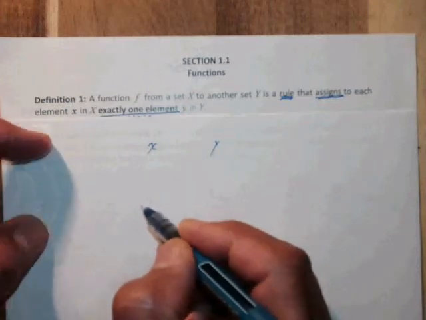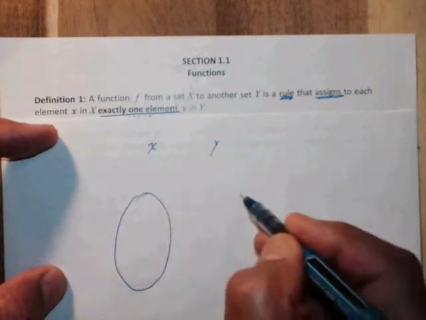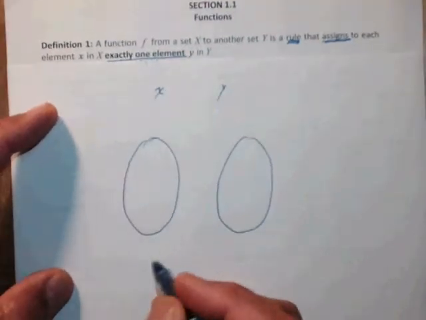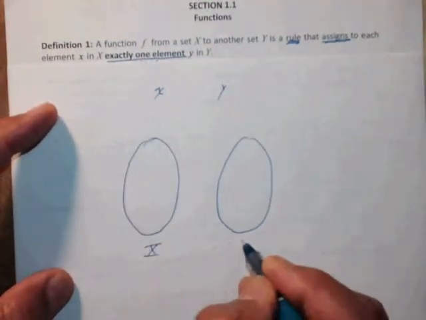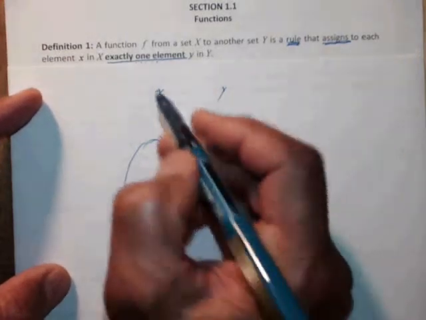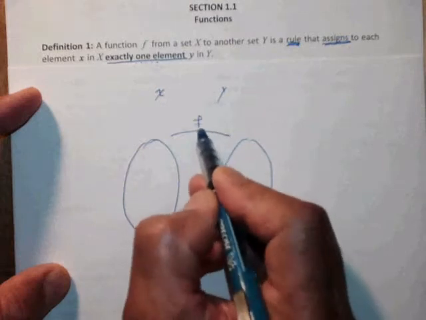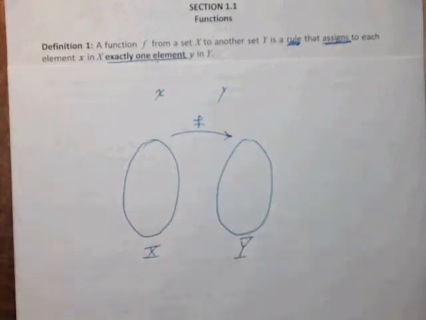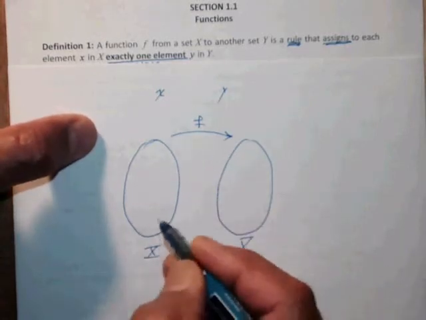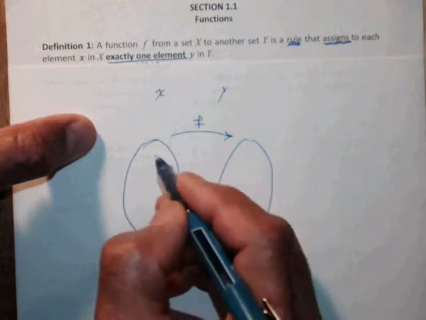We have two sets. So I draw a diagram like that. I call one of the sets x and one of the sets y. So here we go. A function from set x to y. So I write it like this function here. Set x has elements in it because the name of the set is x. The elements, I'm going to use lowercase letters for them.